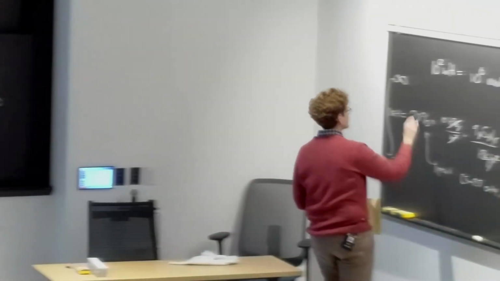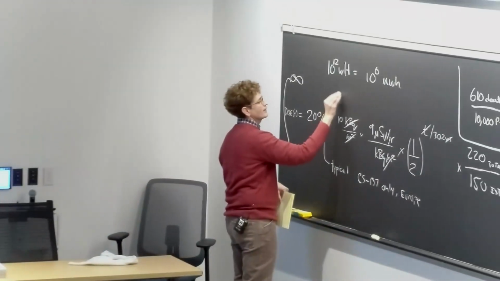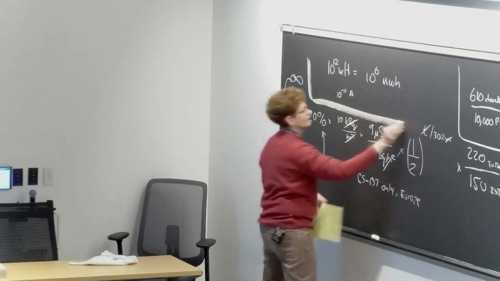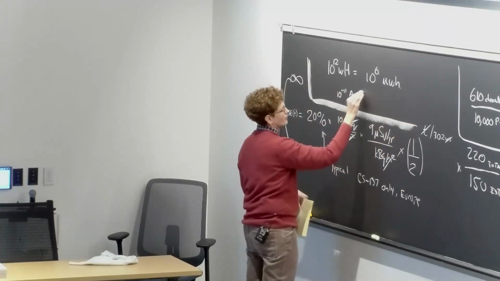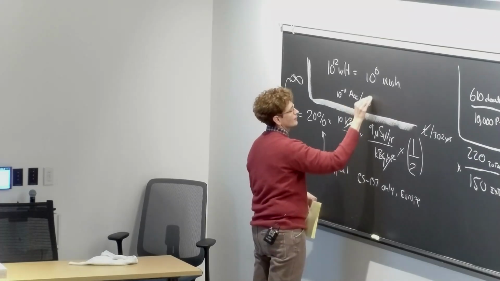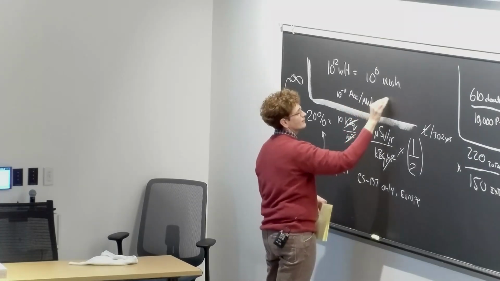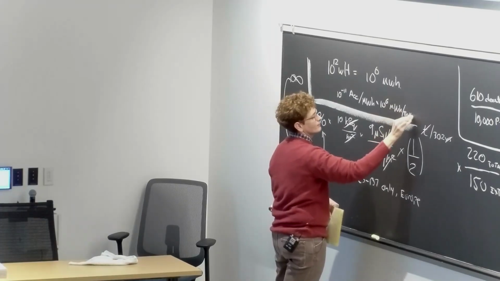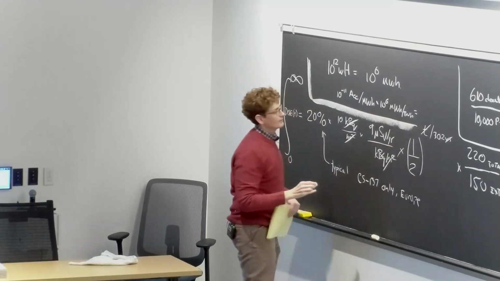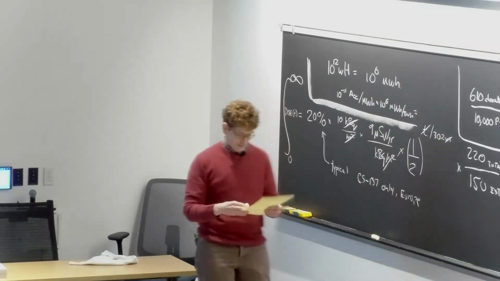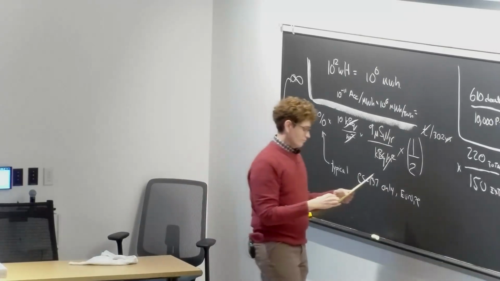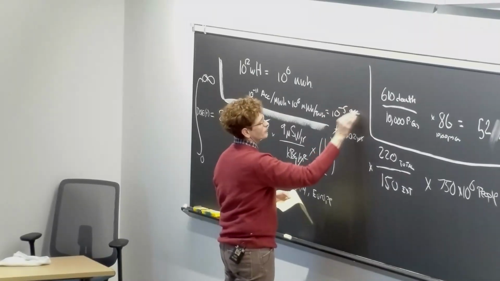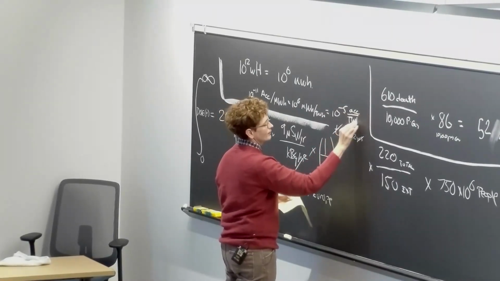So the accident rate is 10 to the minus 11 accidents per megawatt hour times 10 to the 6 megawatt hours per terawatt hour. And that gives us, what is it? 10 to the minus 5? 10 to the minus 5 accidents per terawatt hour.